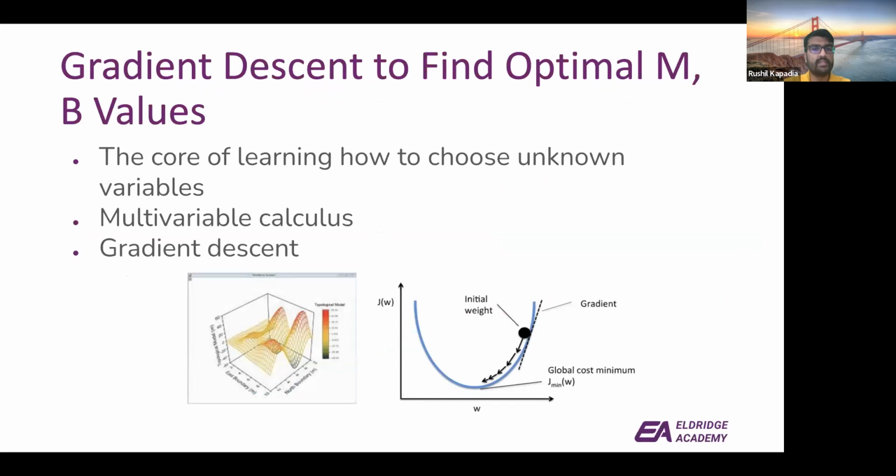Gradient descent is basically something that helps us find these minimums of the loss function. So if you look at the equations at the bottom, those are some equations of how a loss function might look like as a graph. On the right, you see a simple parabola, right? And you can clearly see that the global minimum cost is right there in the middle, when you reach that bottom piece.